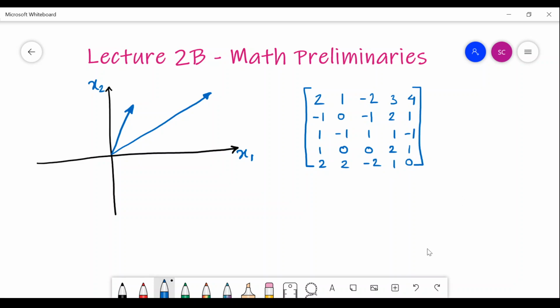So this might be some matrix. What information does this matrix give you? That is the question.